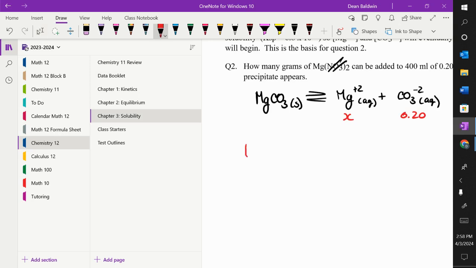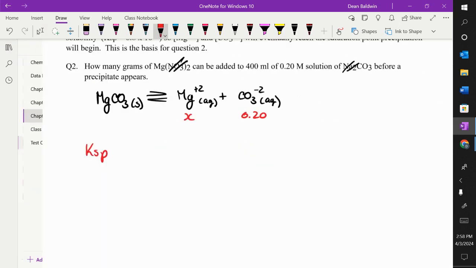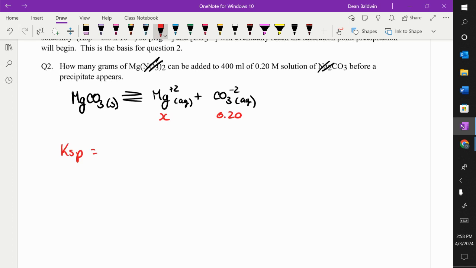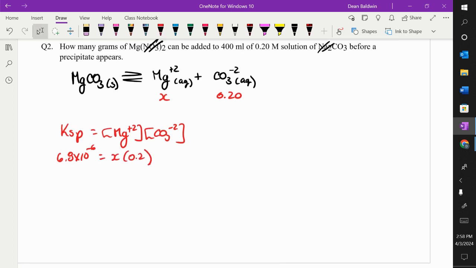All right, so Ksp equals, so you do that math and you get 3.4 times 10 to the minus 5 molar.